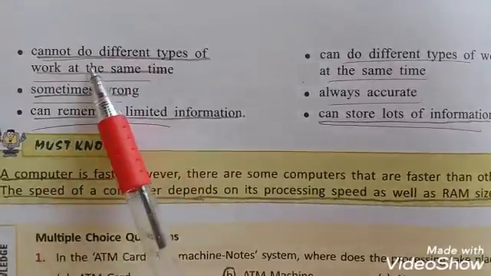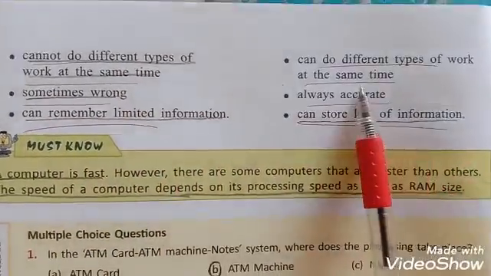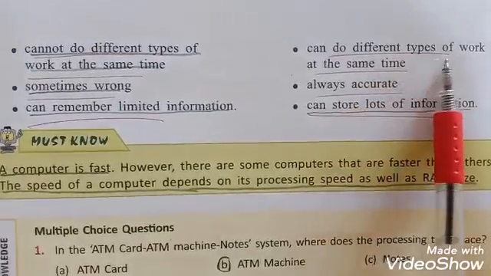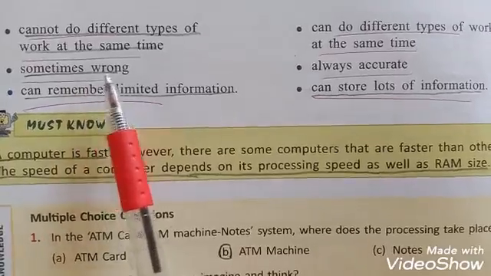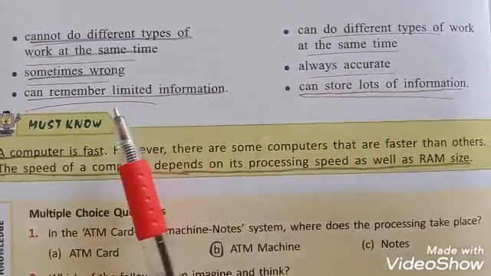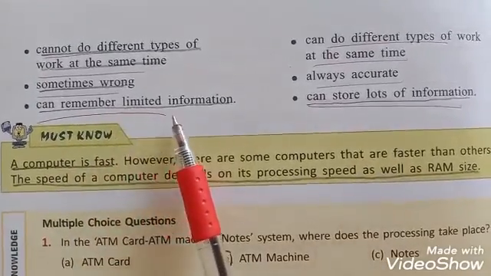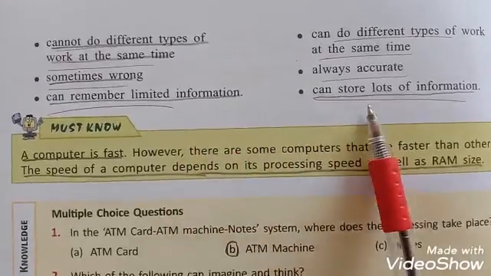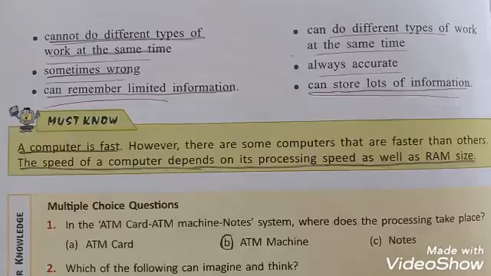A man can't do different types of work at the same time. A computer can do different types of work at the same time. A man makes mistakes, a computer is always accurate. A man can remember limited information and a computer can store lots of information at a time.